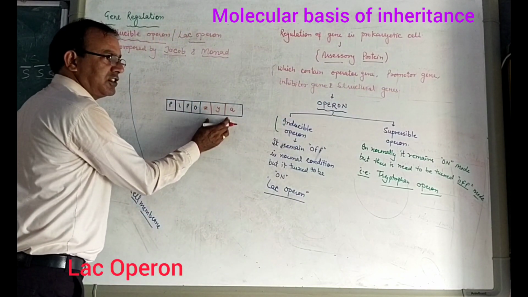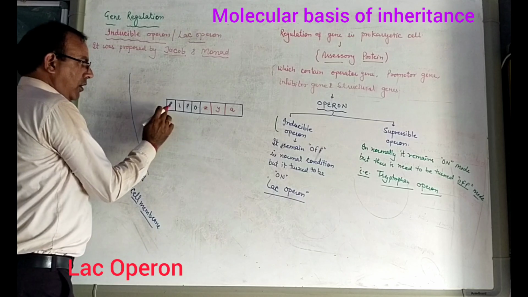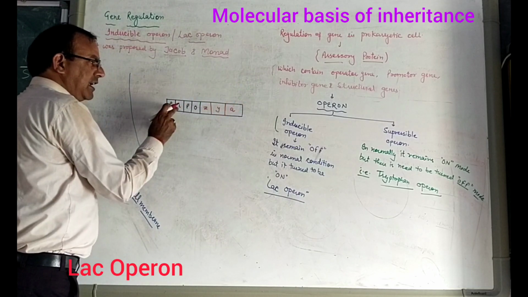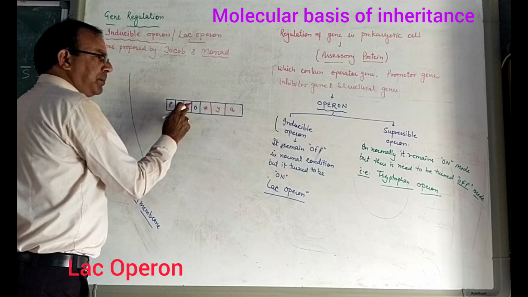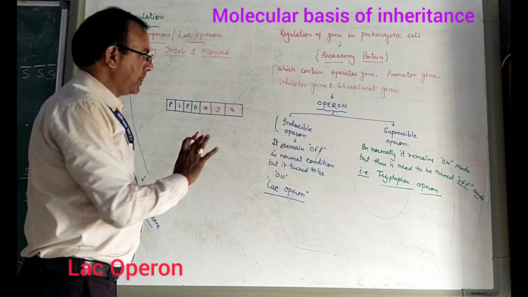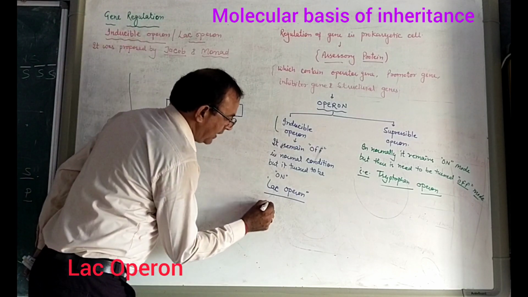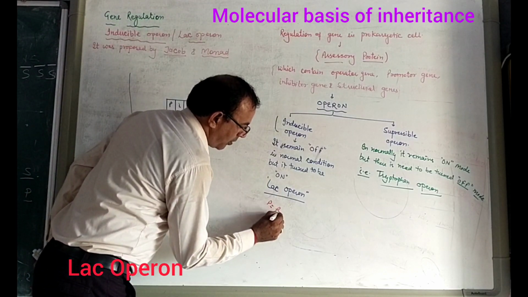This is the structural gene. These are P, promoter gene, I, inhibitor gene, and again P, promoter, and operator. We will identify that P stands for promoter gene.